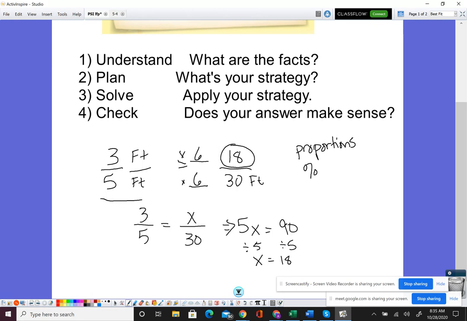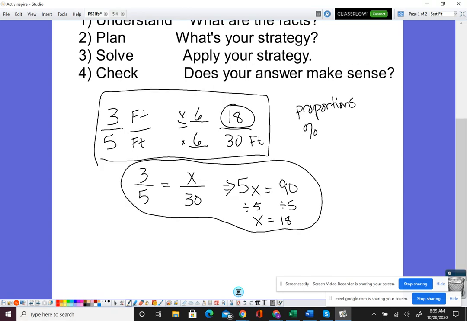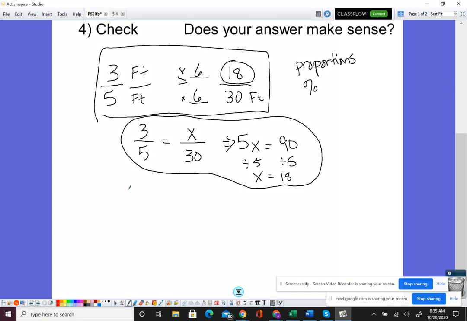So you can do it this way proportion-wise, and that works because 5 goes into 30. You can do it this way proportion-wise, and this would be the cross multiplication that we could use if we didn't realize that 5 went into 30. And then the other strategy is we could use percentages.